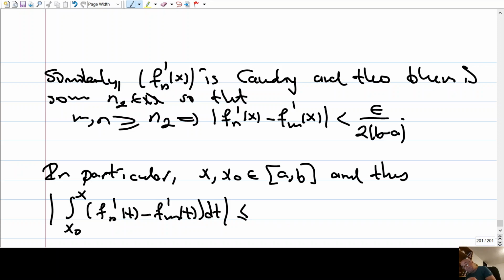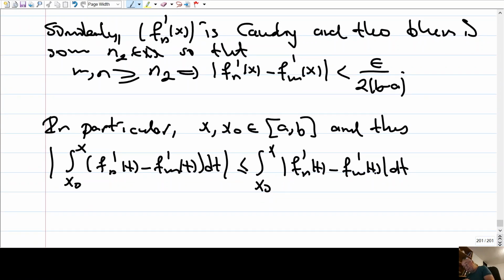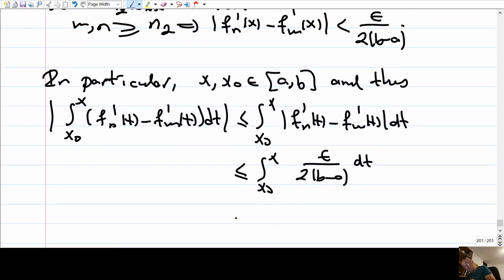This is less than, I take the absolute value inside the integral, but this gadget is less than this number, epsilon over 2 times (b minus a), and this is a constant, so I can just compute this integral as follows. So this is just x minus x0.